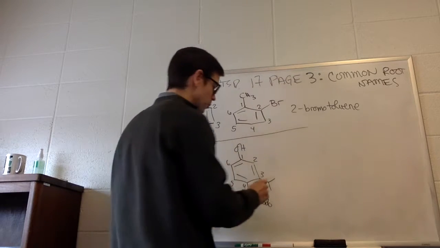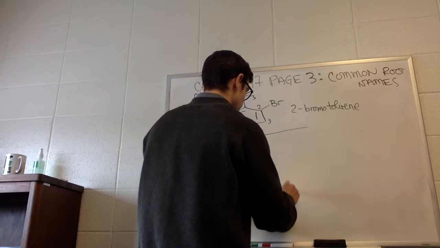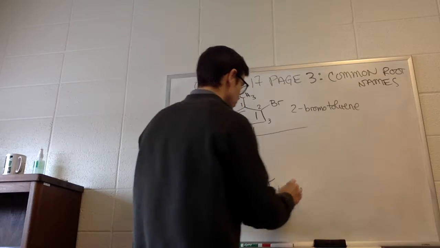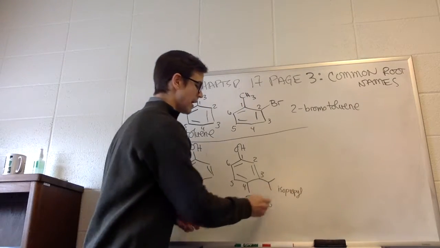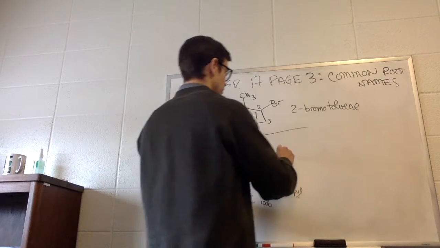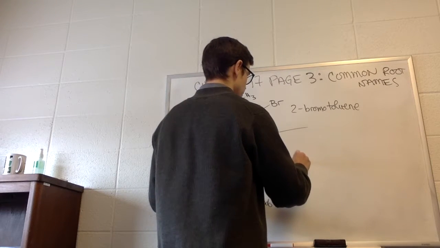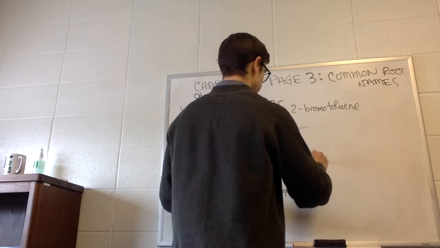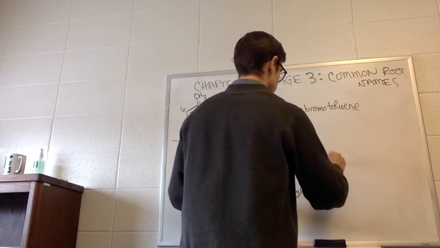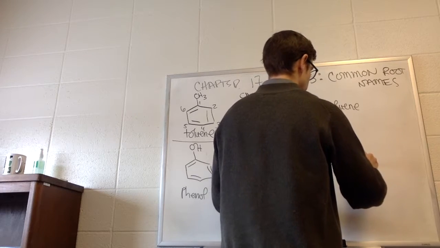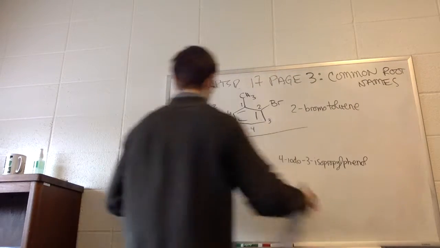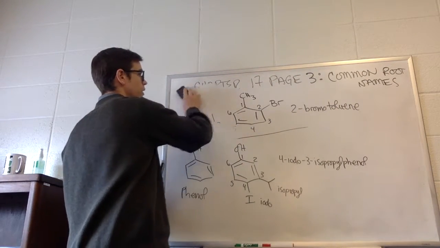This is an isopropyl. So IO is earlier in the alphabet than IS. So this one would be 4-iodo-3-isopropylphenol. So that's phenol, another common root.